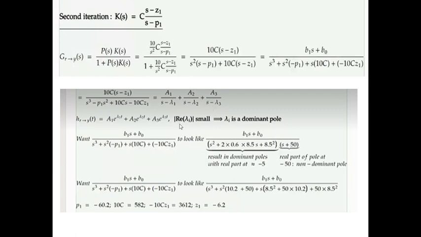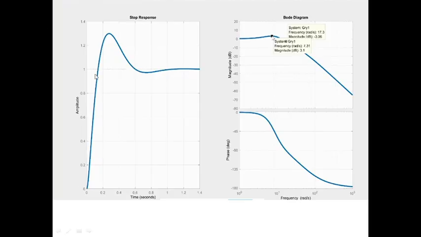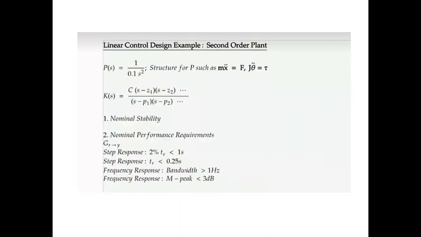So hence we have the controller K(s), and we can plot the Bode plot and the step response. We see that the plots have been plotted, but we find that the dB magnitude is greater than 3.1, whereas we required the M peak magnitude to be less than 3 dB.